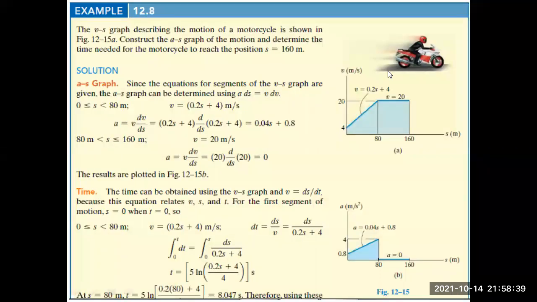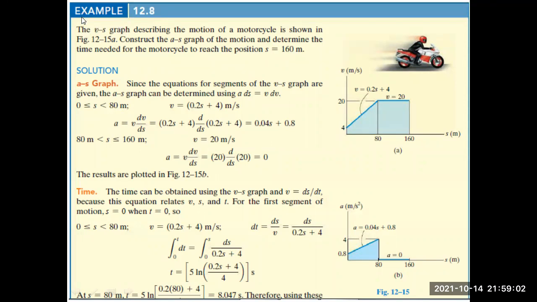We have this question. Let us check what we have. The V-S graph describing the motion of a motorcycle is shown in this figure. Construct the A-S graph of the motion and determine the time needed for the motorcycle to reach the position S equal to 160.